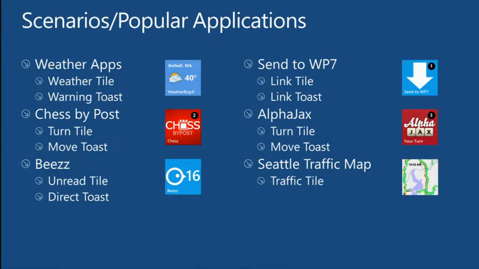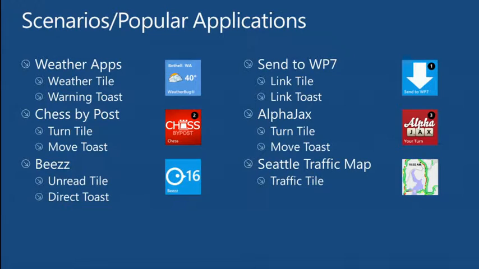And then Bees is an interesting one. Like I mentioned, you can actually composite your image yourself and then just use that background image to give the end user a much more interesting way of knowing the count. In this case, there are 16 Twitter messages that I haven't read yet. Another interesting one is to use the background image to give almost the entire view. This is one that is a Seattle traffic map, the city of Seattle.